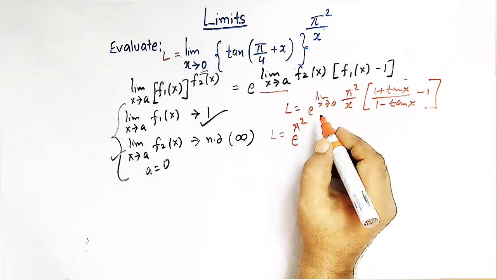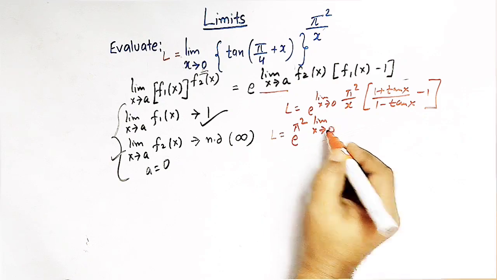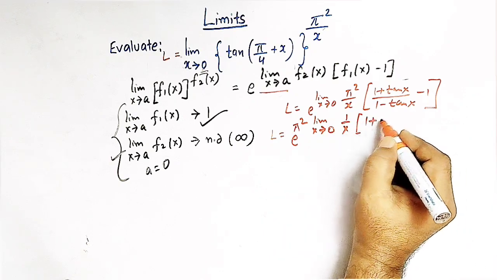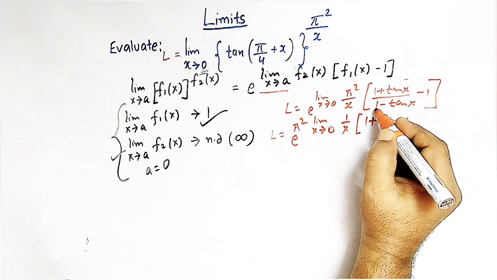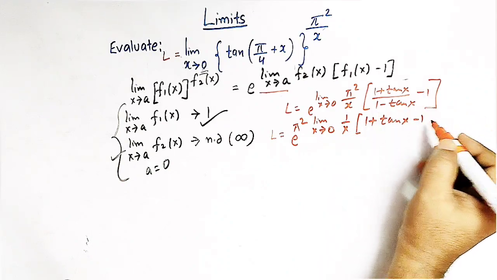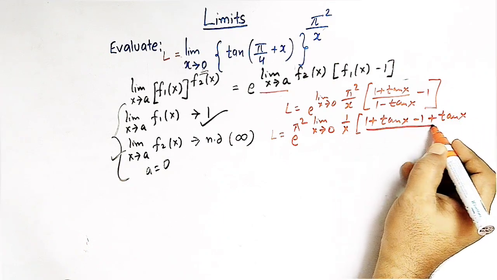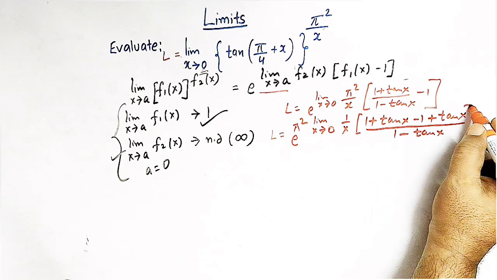We can take pi square in front of this limit notation, and we have limit x tends to 0, 1 over x, and here we have 1 plus tan x, and multiplying this 1 by 1 minus tan x, we have minus 1 plus tan x, and here we have 1 minus tan x.